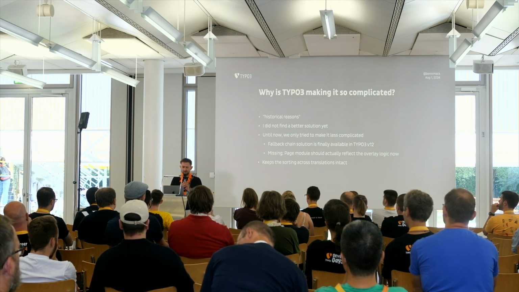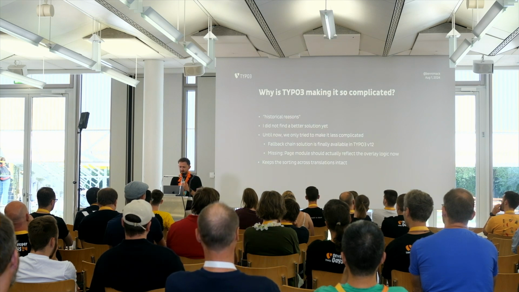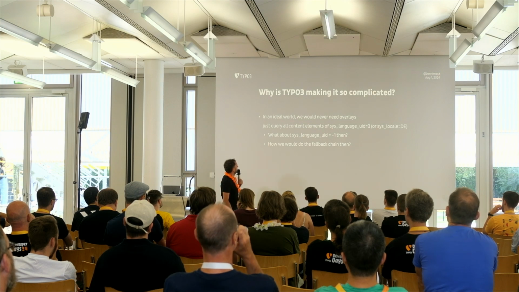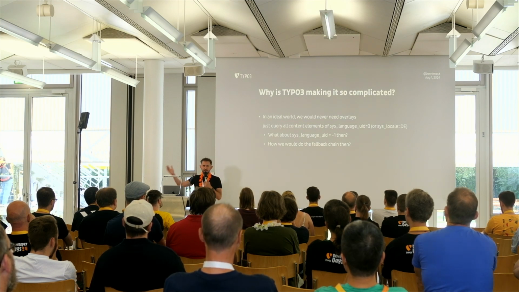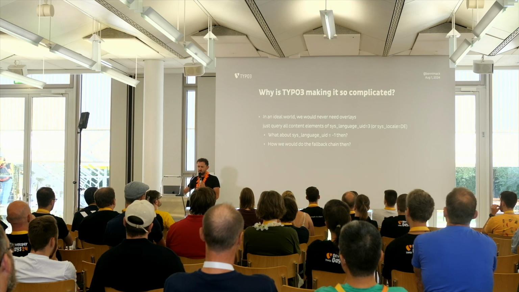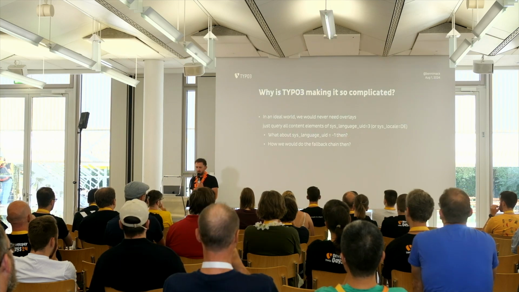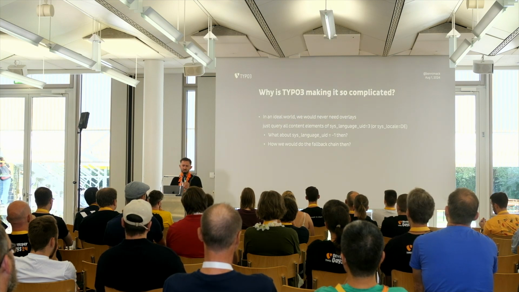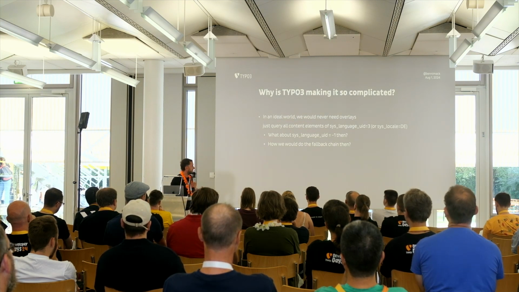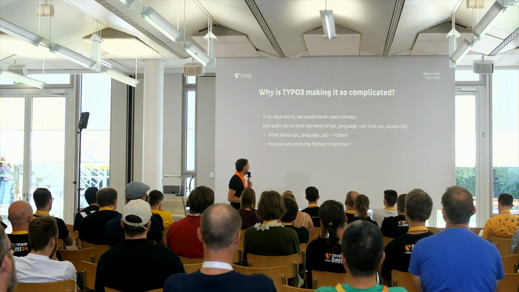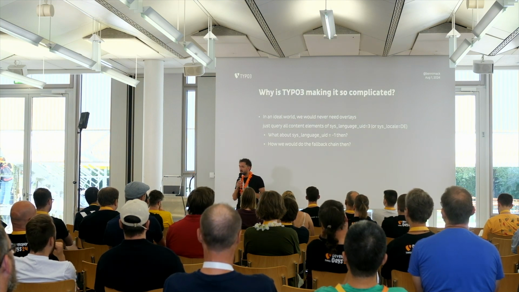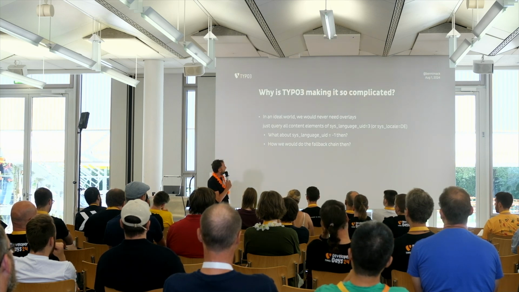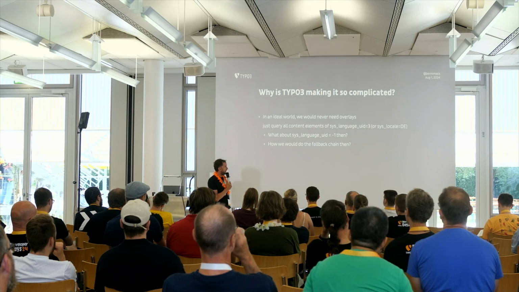Again, if we find better solutions, that would be great. Because I would say in an ideal world, we would never need overlays because everything's just somehow there in each language. They know exactly what we have with the free mode. We just say, hey, we'll just take everything from language 3. But I wanted to do that, but the last missing pieces, there's this translation initiative working on that, is what about the language all?